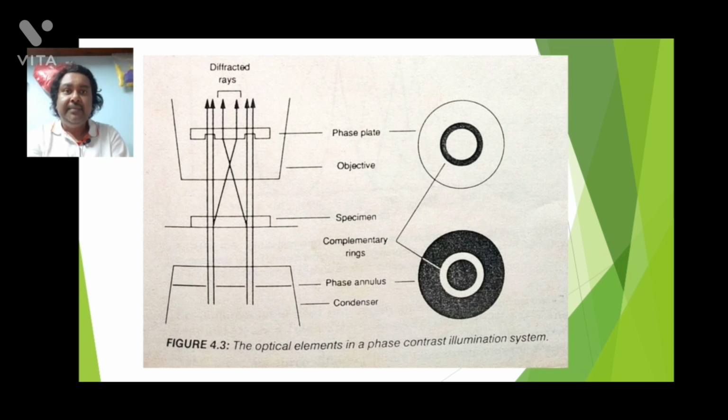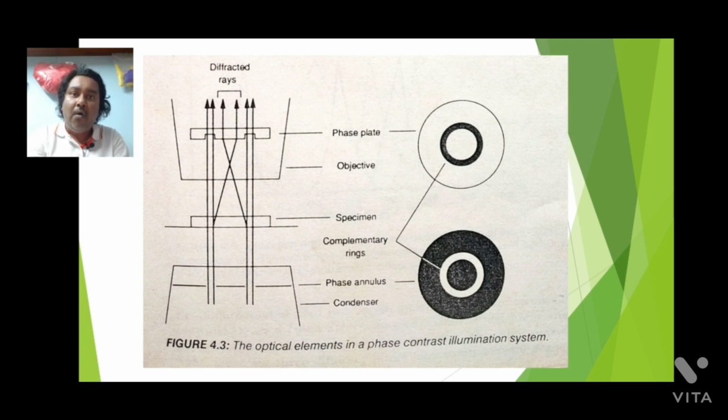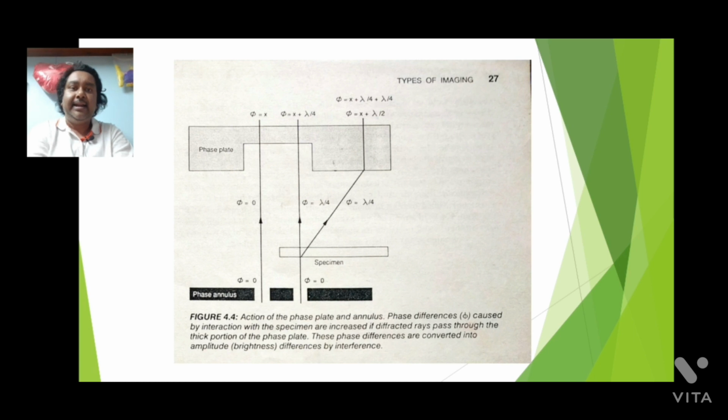But due to the phase plate and phase annulus, an additional lambda by 4 phase change is created. So the final phase change will be lambda by 4 plus lambda by 4, that is lambda by 2, and this change will be perceptible to our eyes. In the next diagram, you will clearly understand.